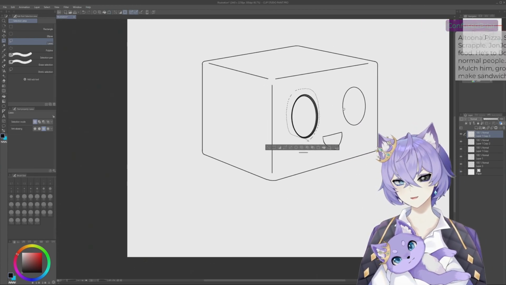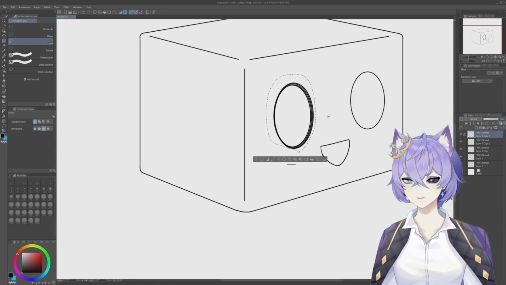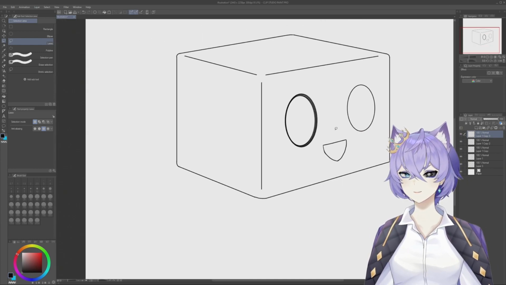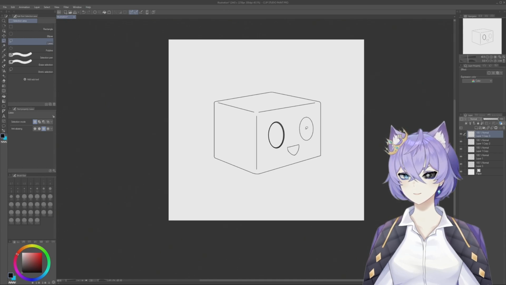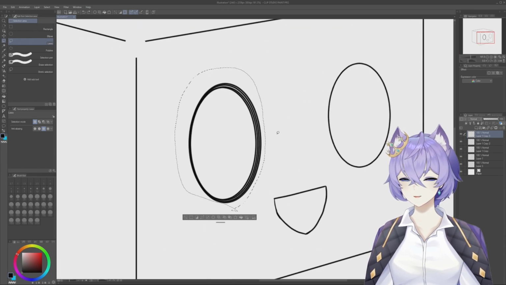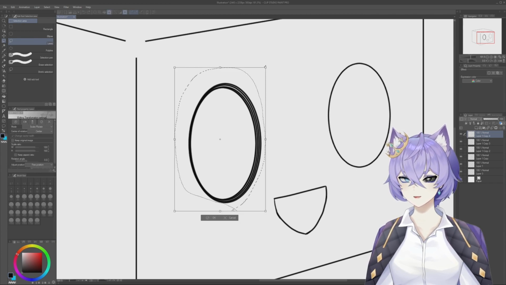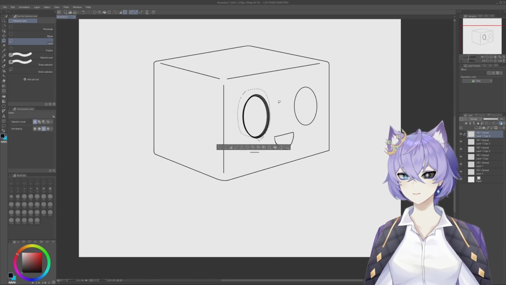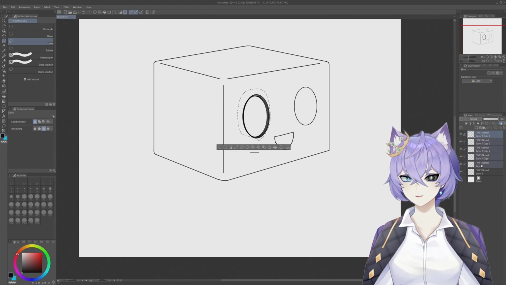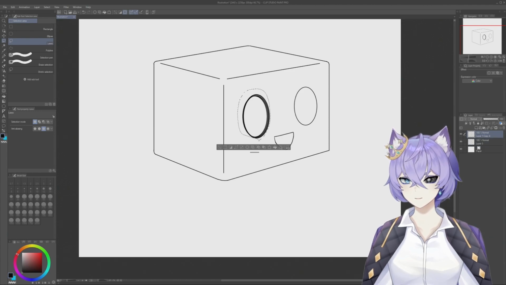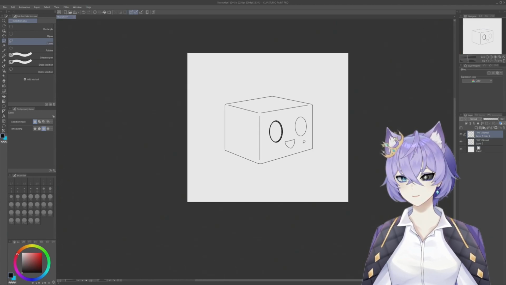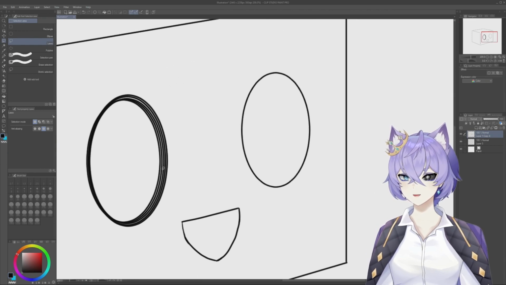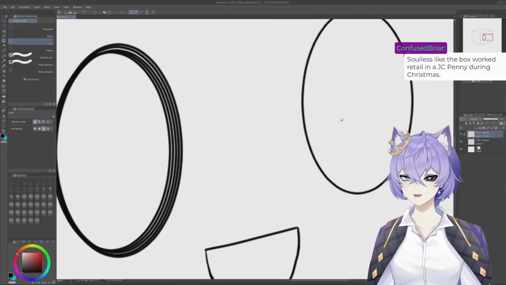Okay, because see, now we have like this almost like screw edge to the eyes to make them look like they're little hollow sockets. Bada bing, bada boom. And then I just need to find what layer they're on and merge selected layers. And boom. Okay, now I need to do the same for the other eye. We have 1, 2, 3, 4, 5 layers.